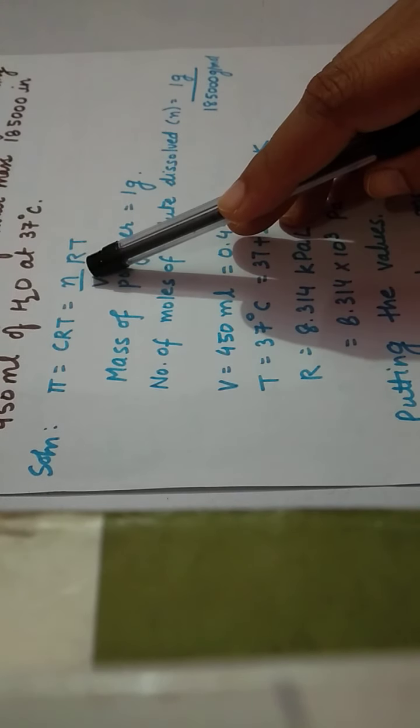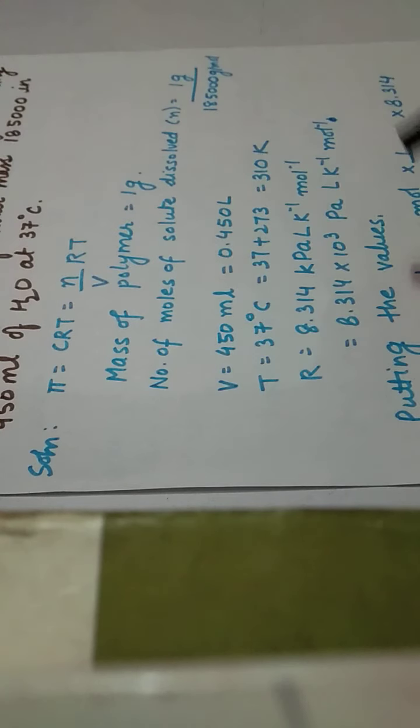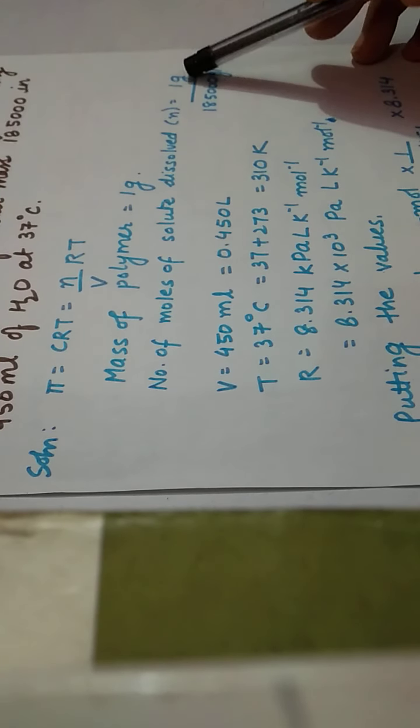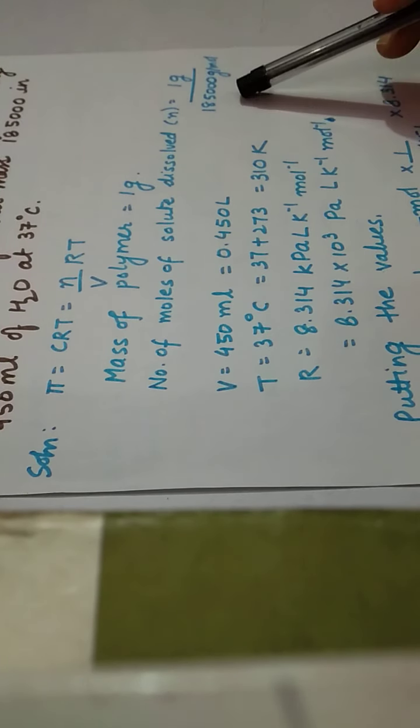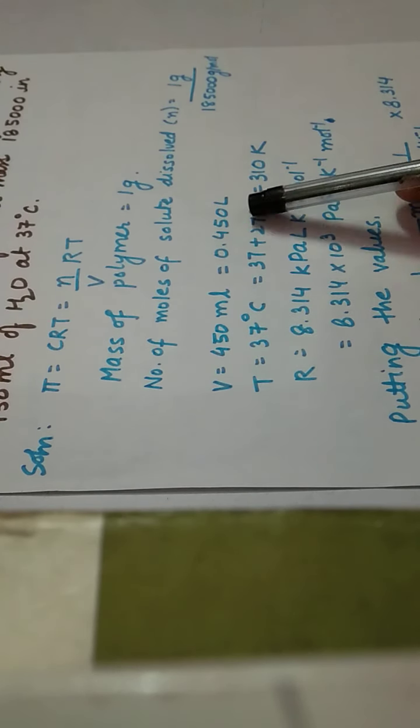So number of moles is equal to mass in gram divided by molar mass. Mass in gram is already given in the question, 1 gram, and the molar mass is also given in the question, 185,000 gram per mole. So we'll get the number of moles with the help of this. Okay, now volume is in ml. So children, you need to convert ml into liters.